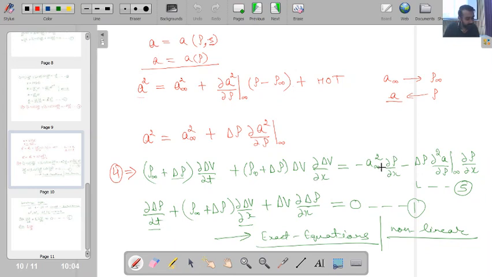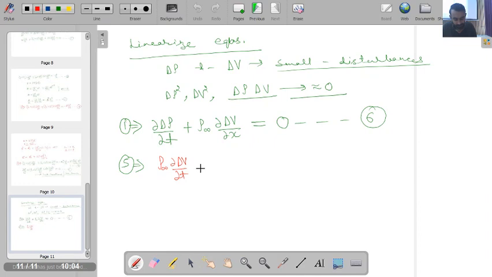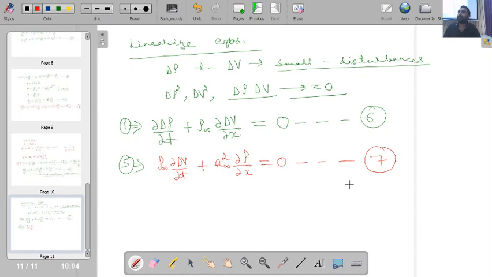On the right hand side, this also will be 0. So ultimately I will get minus a infinity square into del rho by del x. I can take this to the left hand side and write plus a infinity square into del rho by del x equal to 0, this is my equation number 7.